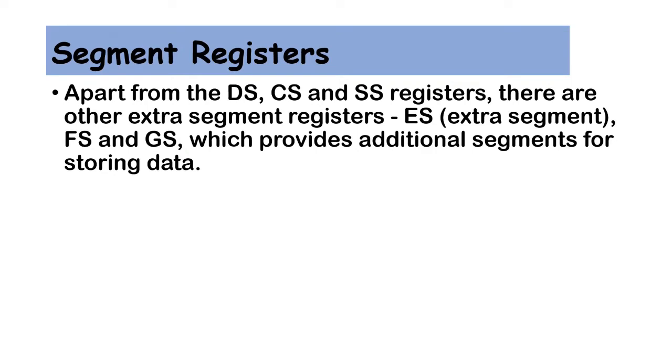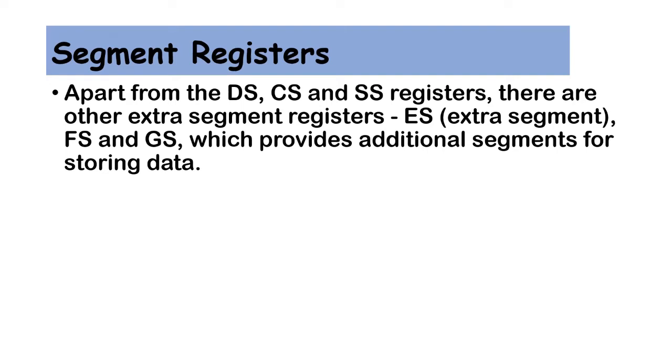In other books you see the classification as 4 segment registers, but here we're saying 3 main, and then we eventually mentioned that there is an extra segment. That one goes by the nomenclature FS and GS, which provides additional segments for storing data.